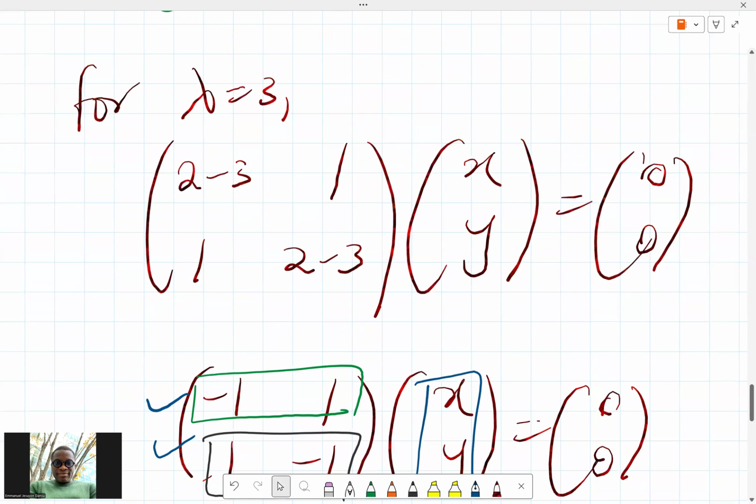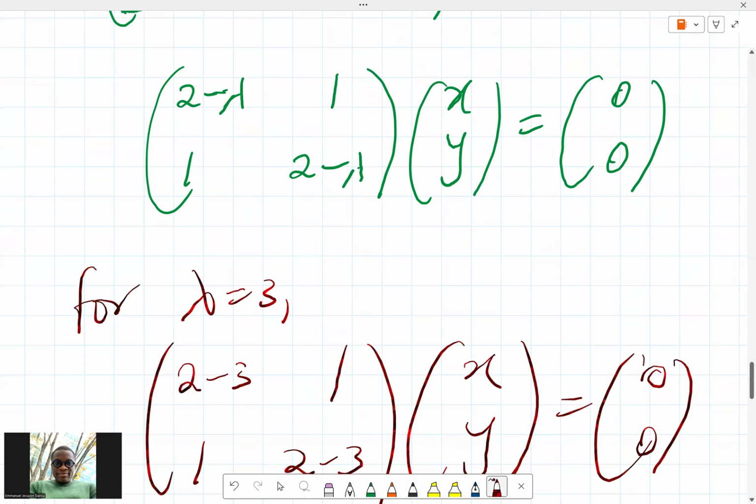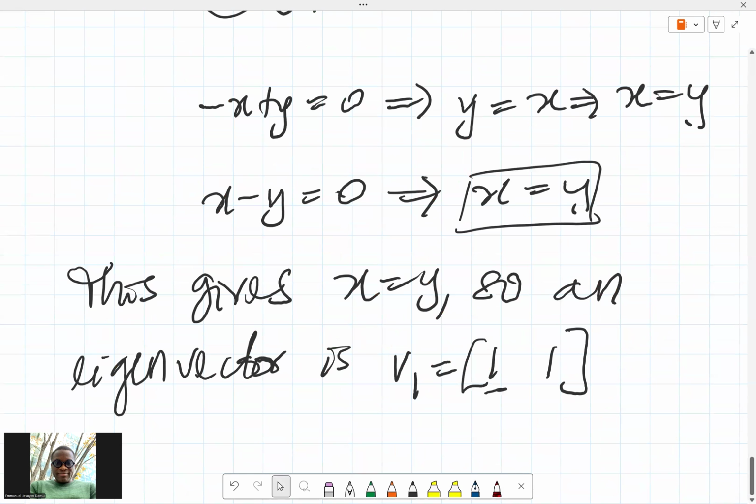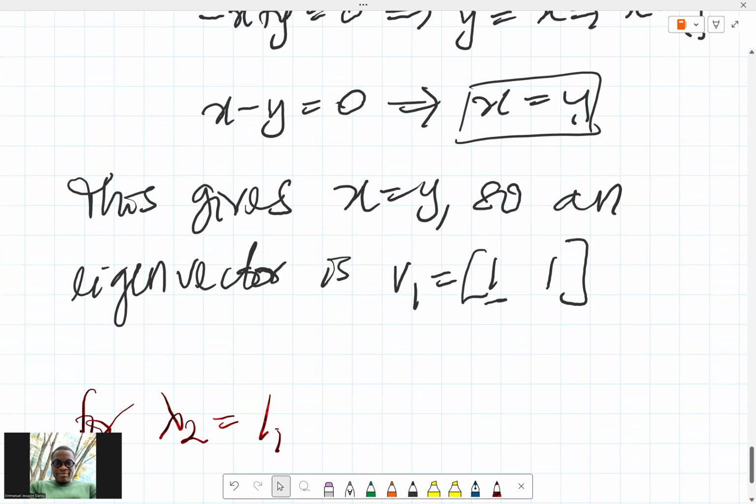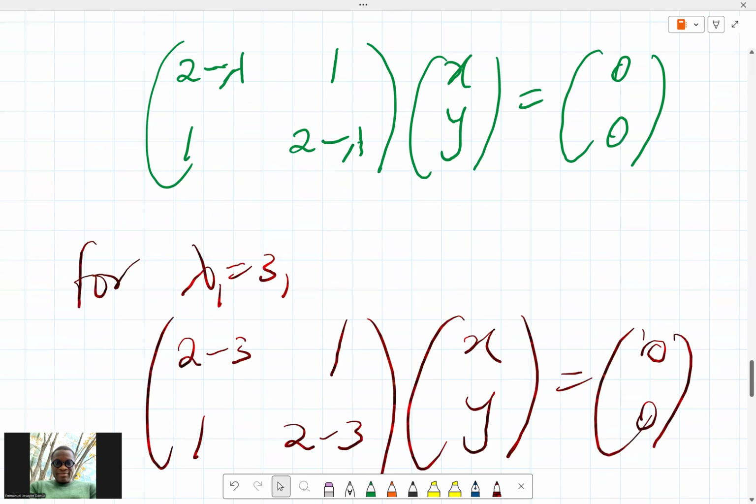Lambda 1 is 3, so we go for lambda 2, which is equal to 1. We can jump to this same place.